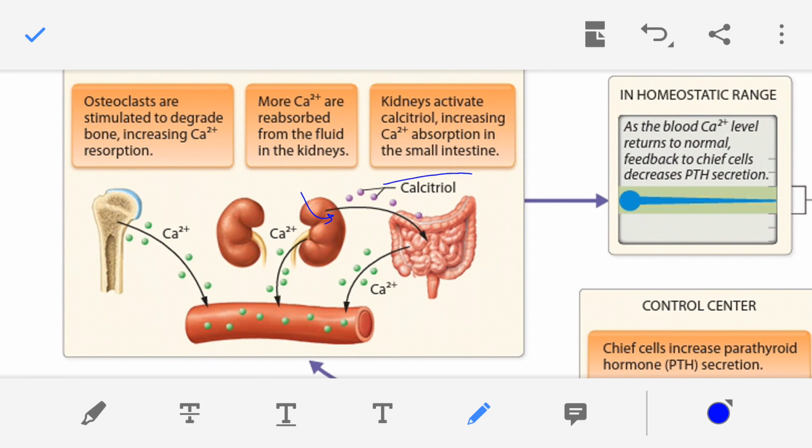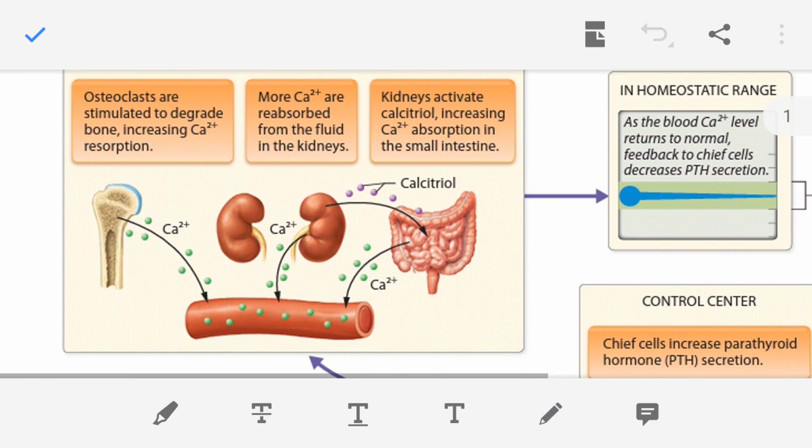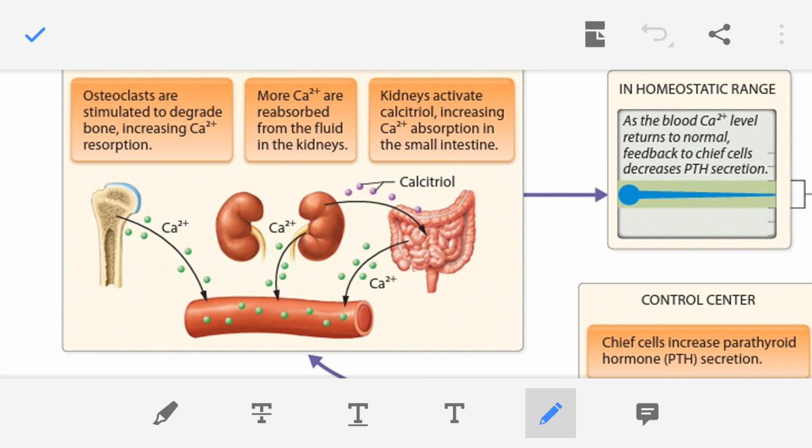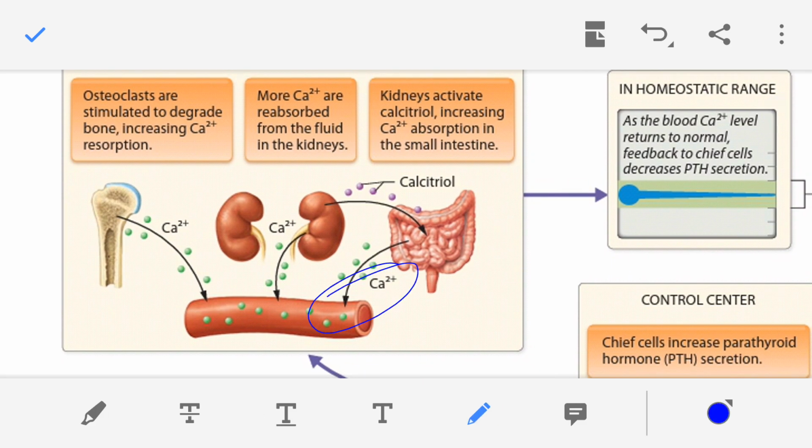This active form is known as calcitriol. Due to calcitriol, the small intestine absorbs more calcium ions from our food, and this calcium enters the blood. So by these three mechanisms, the calcium ion concentration is increasing in the blood.